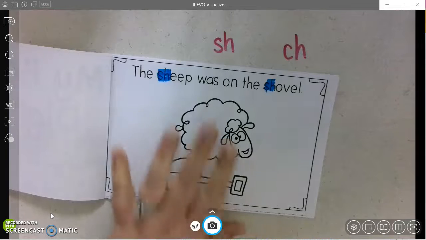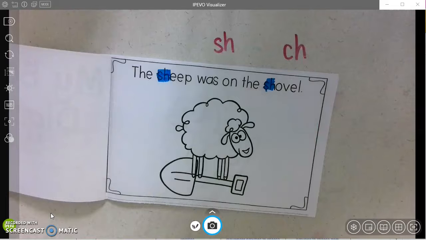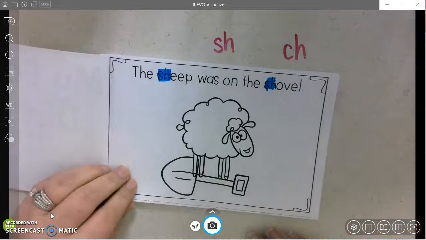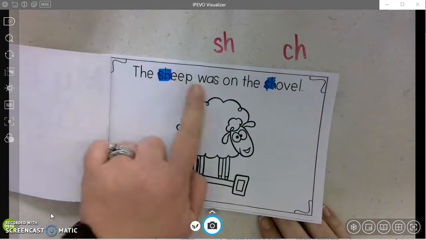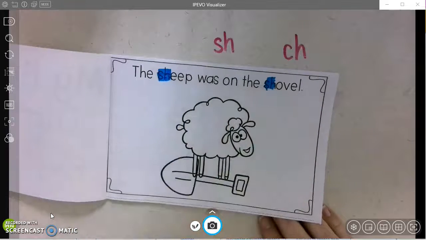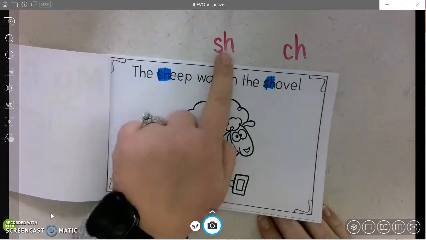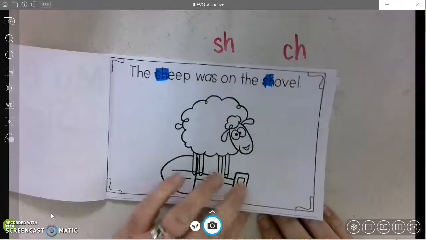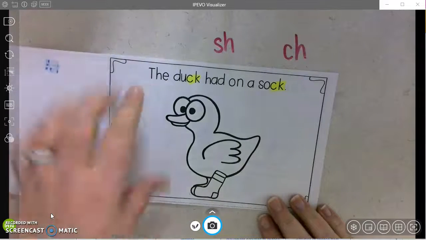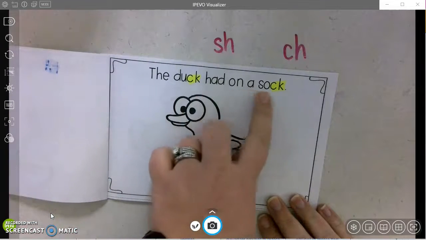It doesn't. Let's see in our book real quick if we have any CHs. I kind of made the CH up, so I don't know if it's going to be in our book. But hey, let's see. There might be a word. The sheep was on the shovel. I don't see any CH words. And your SH word should already be highlighted. The duck had on a sock.